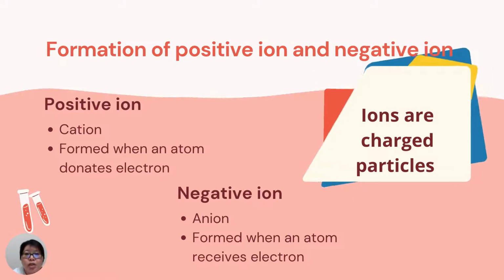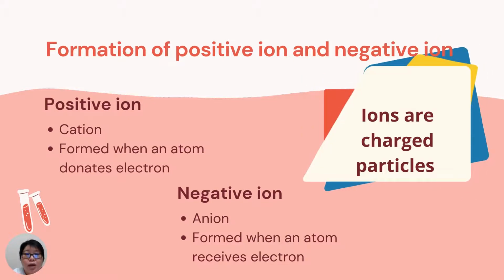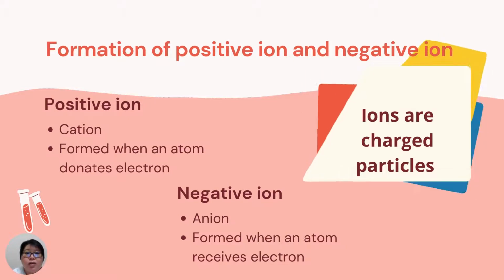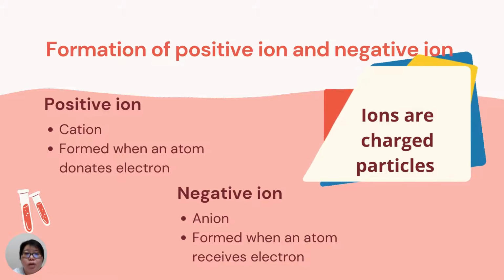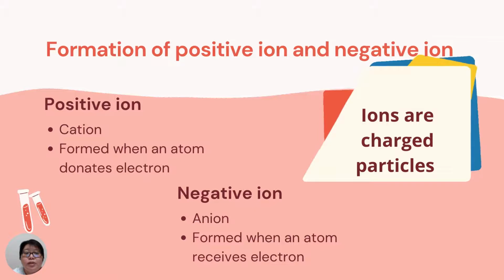But when there is charge, then we call it an ion. There are two types of ion. The positive ion, another name we call it the cation. How is this cation formed? It is formed when an atom donates electron. That means the atom releases electron. Everything starts from the atom.